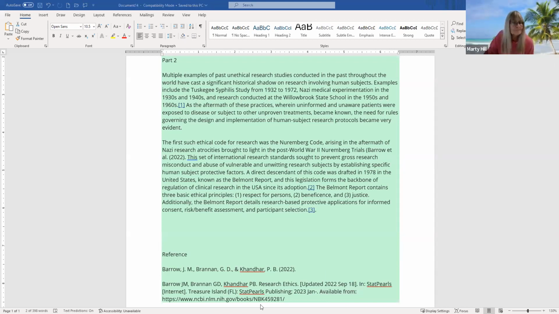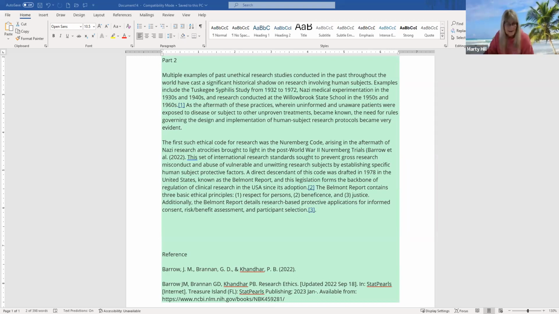Okay, so this is a book. So this is a chapter from a book. Gotcha. Okay. Sometimes it takes a little bit of searching to figure out what it is.